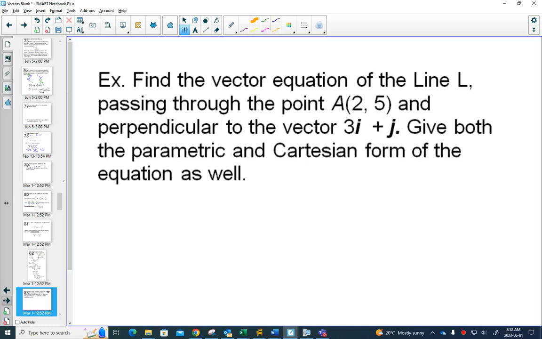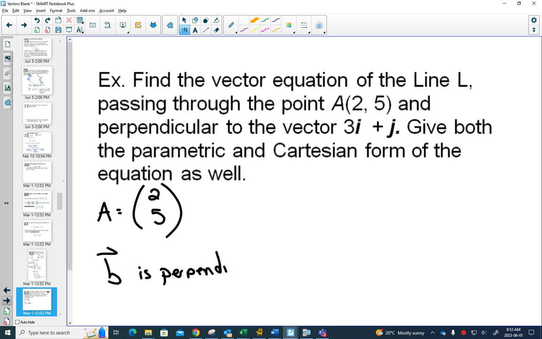So we get another question that you would have had in grade 10, but now in the form of vectors. Here's our one vector. Our vector A is 2, 5. Our direction vector has to be perpendicular to 3, 1. So what do we have to do to make something perpendicular?